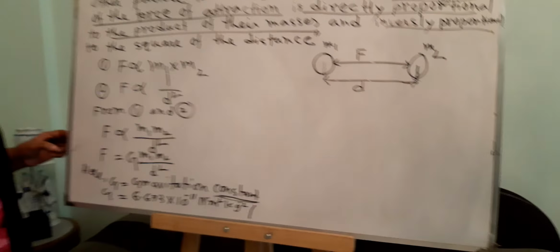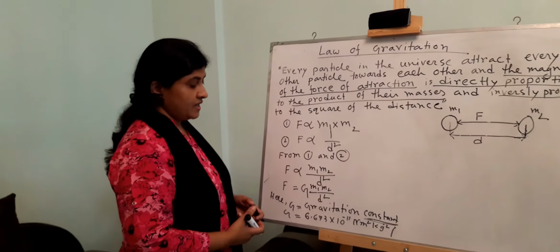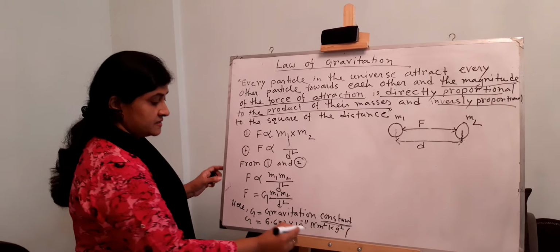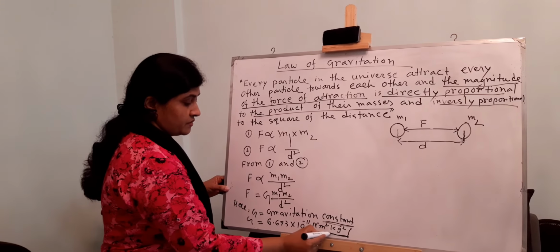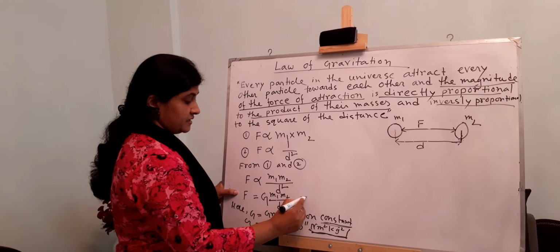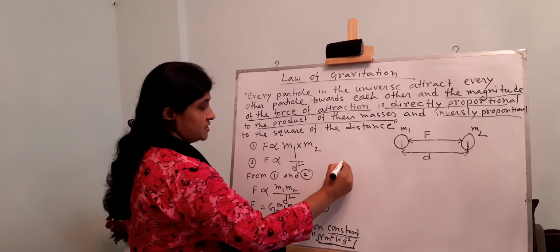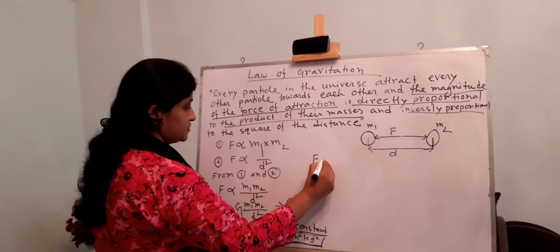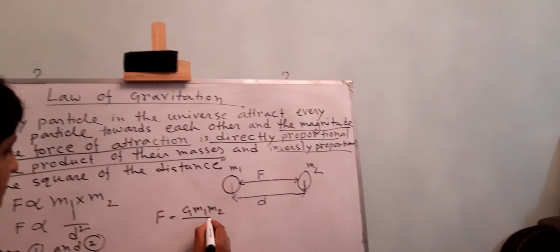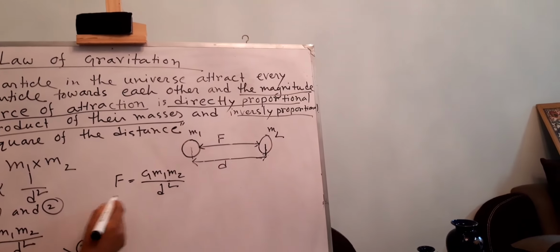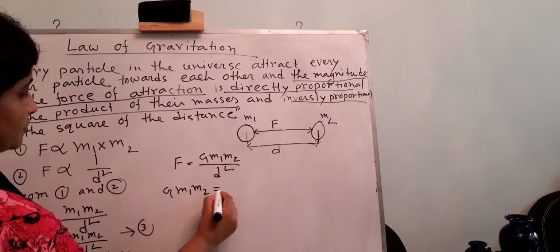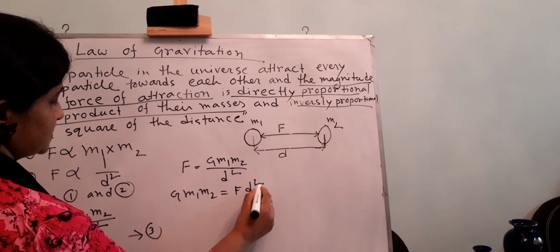So this is Newton's law formula, and it is mathematically solved. Next, how does the unit Newton meter square per kilogram square come? From this equation, I give equation 3: F is equal to G m1 m2 divided by d square. By cross multiplication I can write G m1 m2 is equal to F d square.